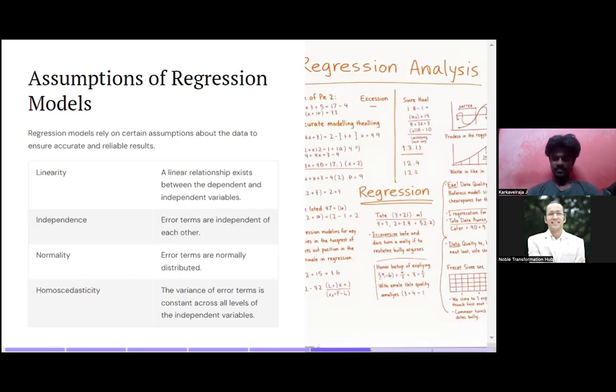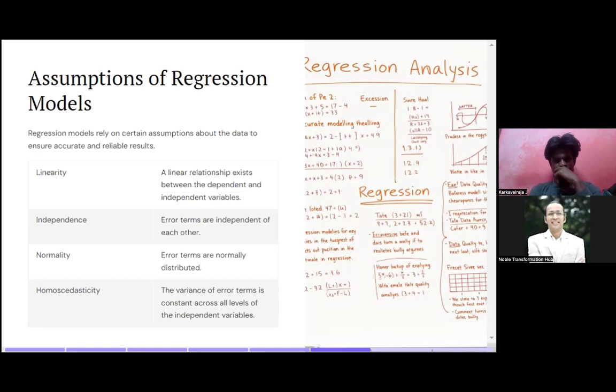Then we have homoscedasticity. The variance of error term is constant across all levels of the independent variable. Here we need to understand the variance of error term is constant. It is not continuous, it is constant.